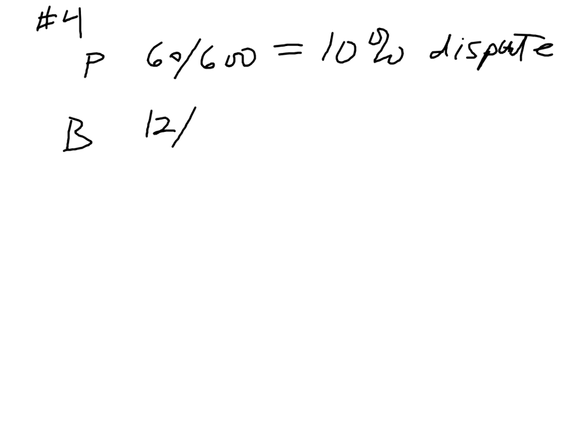Now they did have fewer bills, but not that significantly fewer. So 12 out of 400, that's going to be a rate of 3%. So very few of the business department's bills get disputed, but the personal ones, there's a lot of disputes.